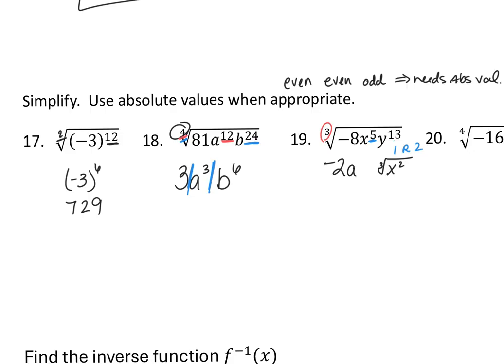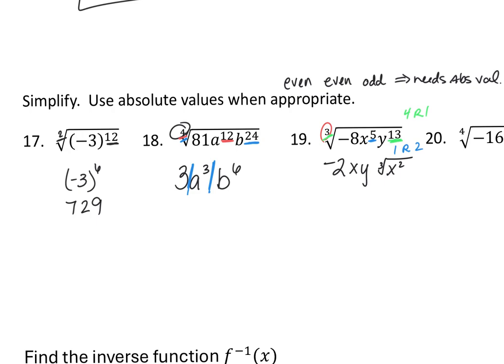Now we're going to divide the 13 by 3. When I divide 13 by 3, I get 4 remainder 1. All right, 4 times 3 is 12. 1 more gives you 13. So then I get y. Oh, I don't know why there's an a here. That's supposed to be x.